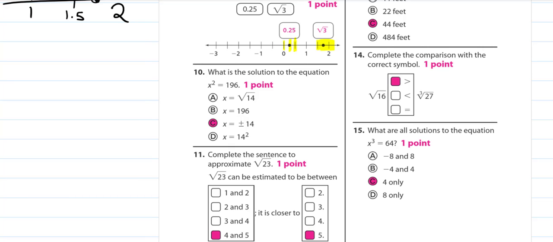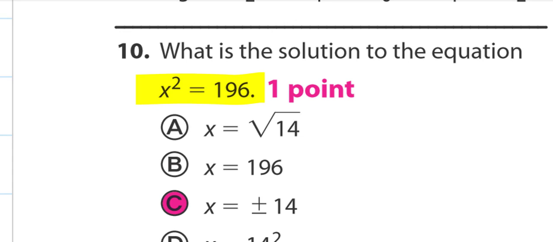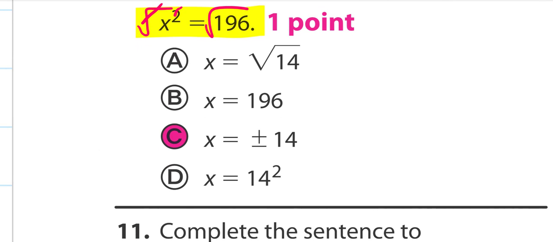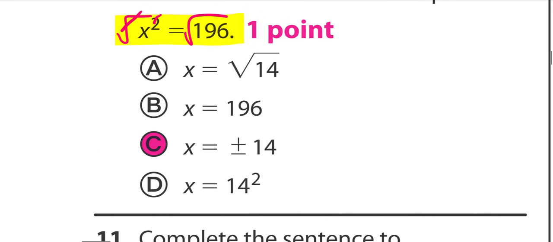For number 10, they're asking what is the solution to the equation. So we have a square root here, and we know that in order to solve this, let me zoom in a little bit, we have to take the square root of each side. And so that's going to cancel out and leave x alone, which is why we have x alone on all of the answers. And then the square root of 196 is 14, but we know when we're dealing with square roots, both the positive and the negative.